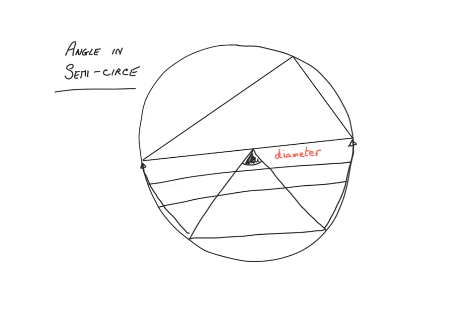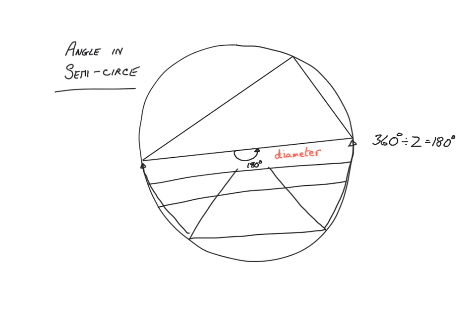then we know something about this angle. We know that when we have a diameter, the angle here, we did this in the very first video, is 180 degrees because it's half the full 360 degrees of the full circle.